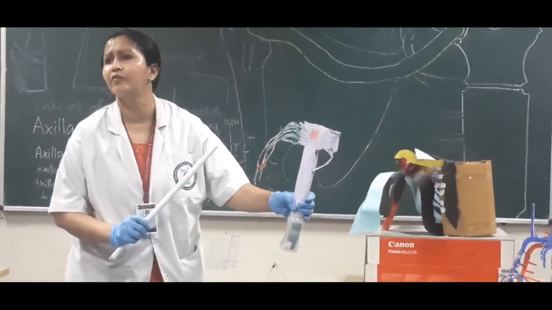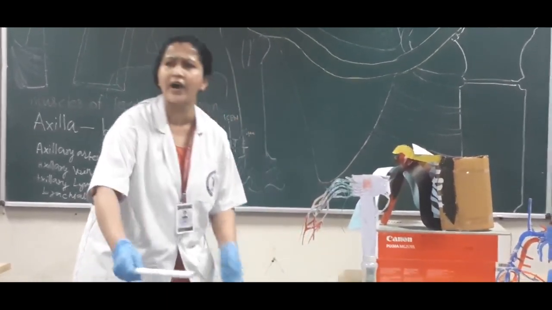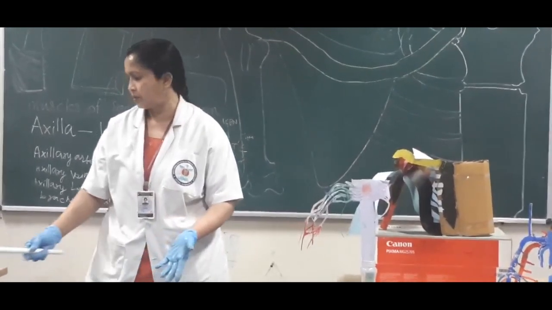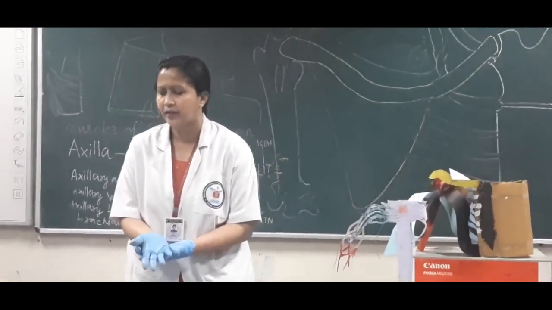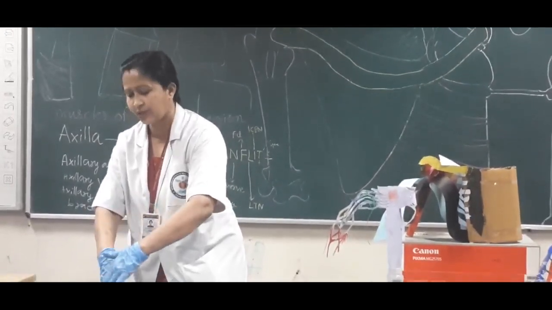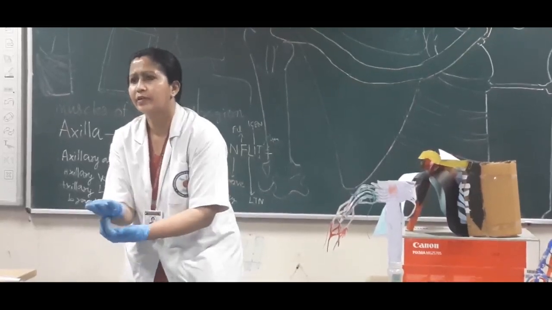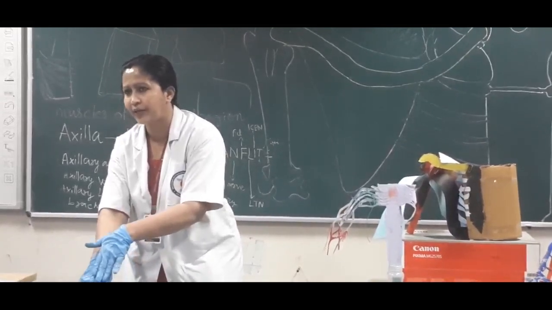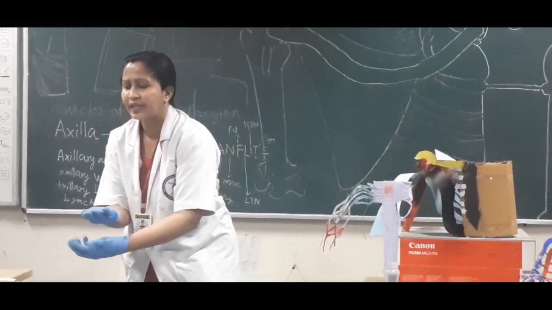Now radial nerve. Radial nerve supplies all the extensor muscles, whether of arm or forearm. And its cutaneous supply in the hand is on the dorsal aspect, the extensor side. So the dorsal half of the hand and the dorsal lateral 3.5 fingers, excluding the nail bed.